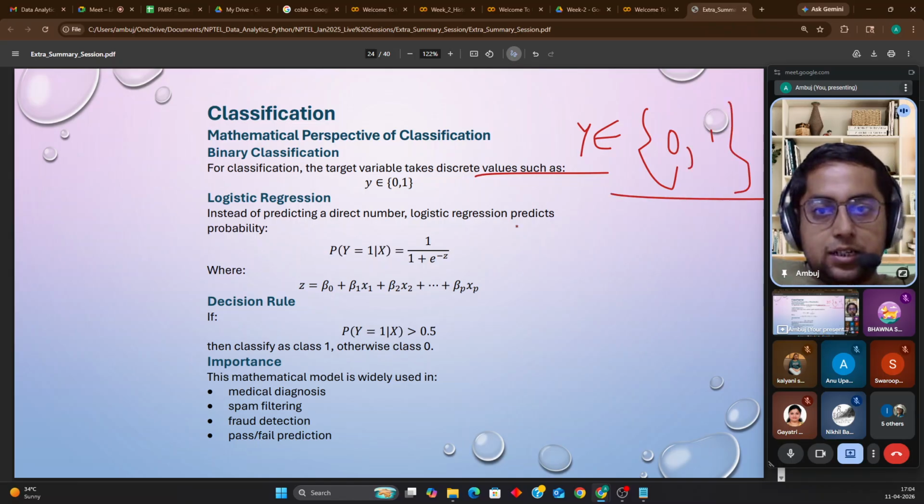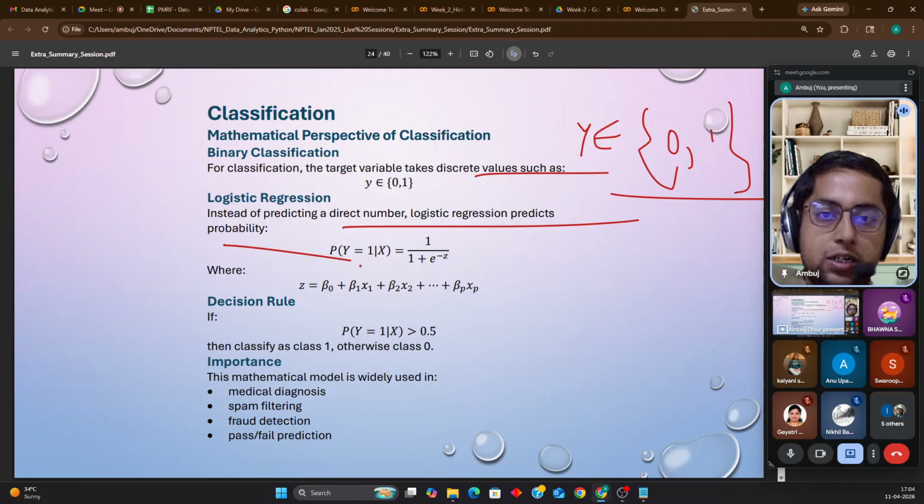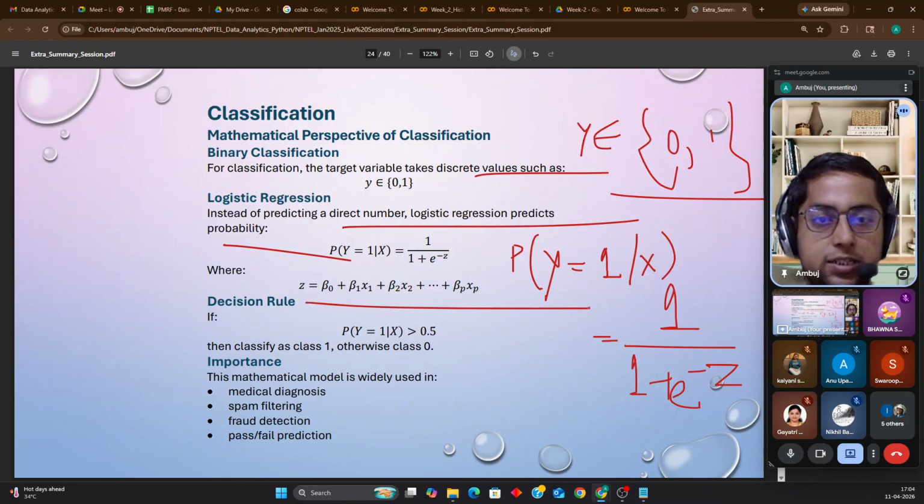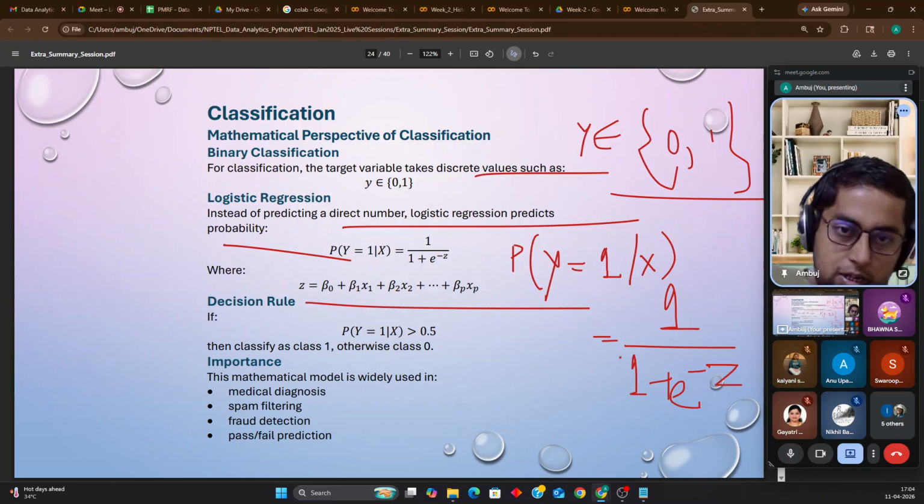In case of your logistic regression, instead of predicting a direct number, logistic regression predicts the probability of y being event 1 given x. That probability is nothing but 1 upon 1 plus e to the power minus z. Z is governed by the linear combination in case of logistic regression.